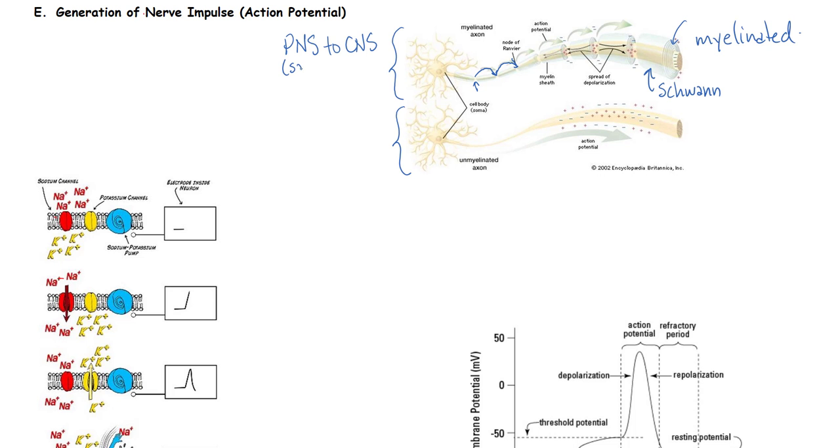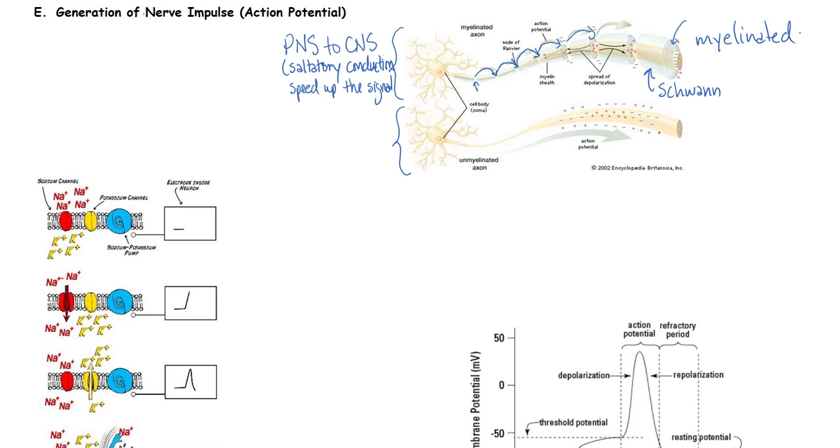And this is what we call saltatory conduction, which is literally the jumping of the electrical impulse from one node to the next, and this helps speed up the signal, right? And that occurs in these myelinated neurons connecting the peripheral nervous system to the central nervous system.